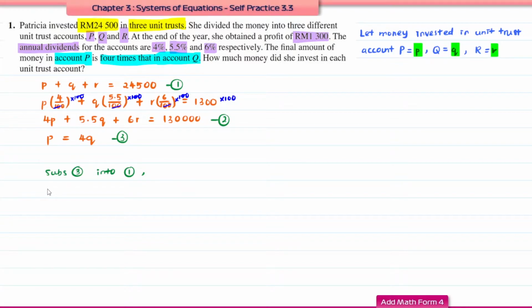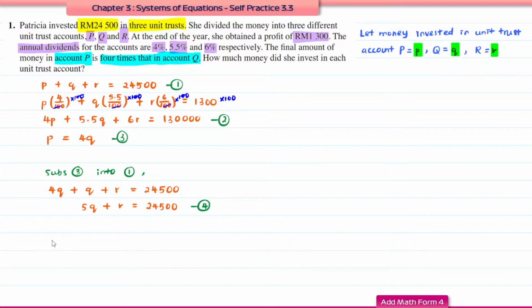Therefore, you're going to have 4q plus q plus r equal to 24,500. So 4q plus q is equal to 5q plus r equal to 24,500. We label this as equation number 4.